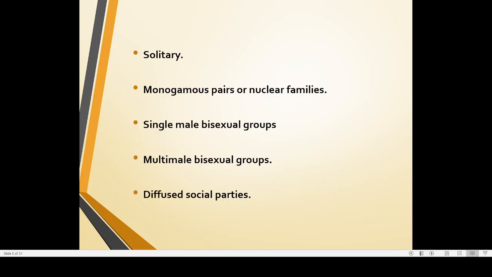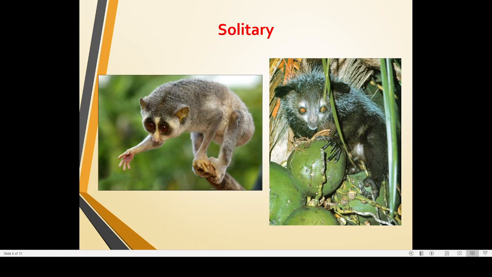Now, there are different types of social grouping. Many reproductive patterns are exhibited by monkeys, and these patterns are characterized as solitary, monogamous, single male, multi-male, and diffuse social parties. We will take the case of some animals. Here you can see two animals.